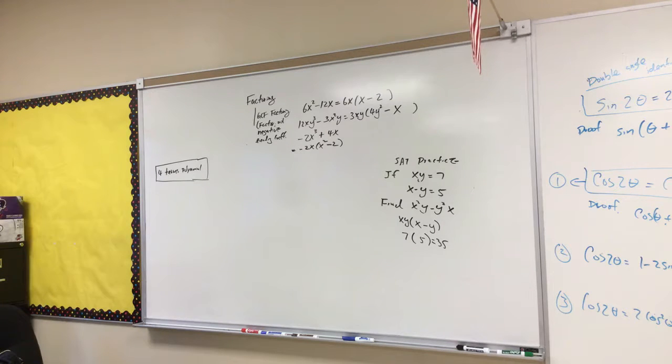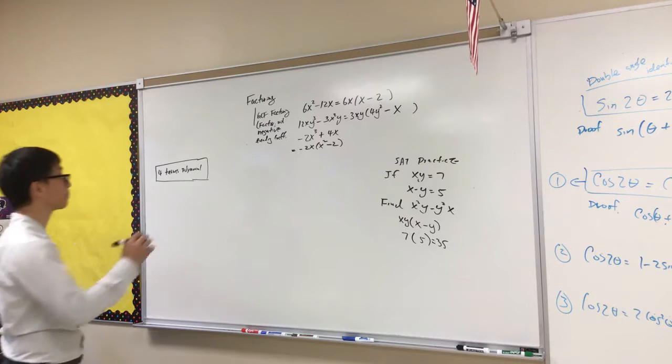We're going to give you a question. It's GCF factoring, and it's not difficult. So we're going to deal with this type of question a little bit. Let's start with 4 terms.